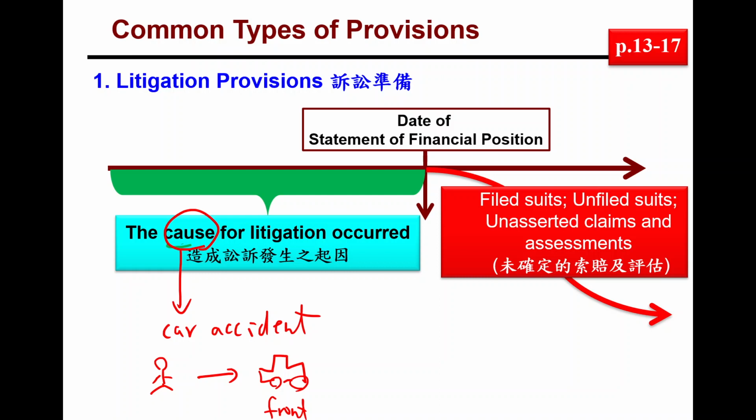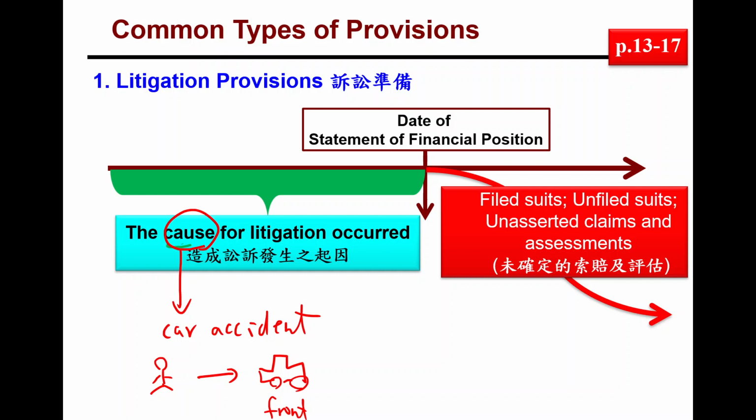You cannot say, oh, why did the front car just stop without any reason? Even though the front car stopped without any reason, if you keep the safe distance, you won't hit the front car. So that's why when these kind of things happen, the police will come and make a judgment on who has to take more responsibility.